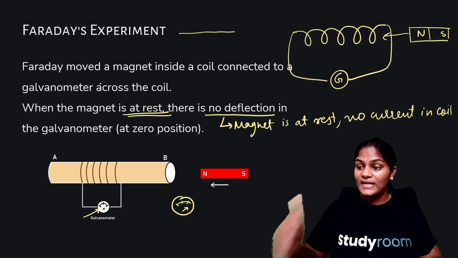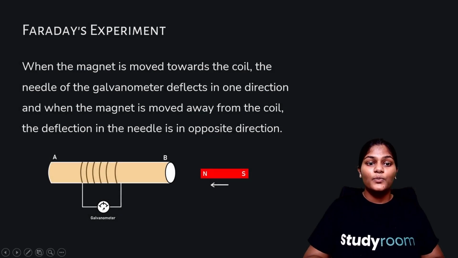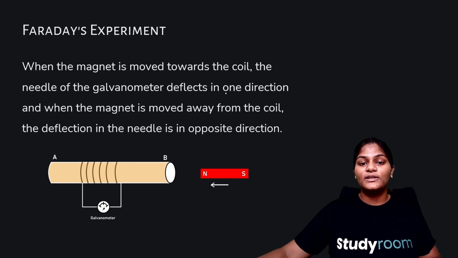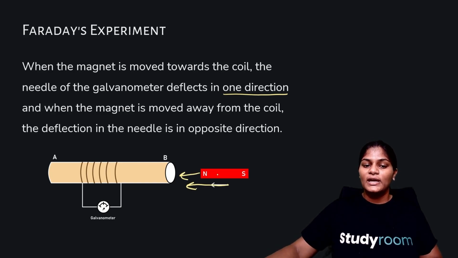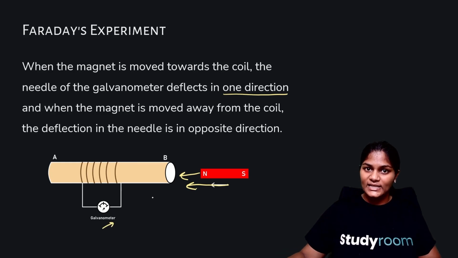Great. Now let's go forward. We did this. When the magnet is moved towards the coil, the needle of the galvanometer deflects in one direction. Here it is showing that when the north pole is moved towards the coil, there is a deflection towards the right.